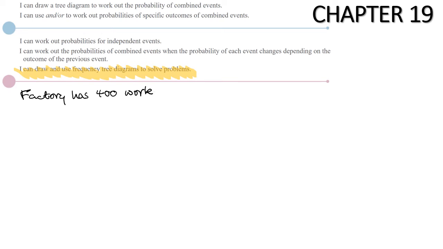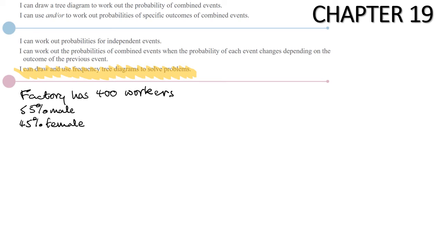And let's say out of those 400 workers, 55% are male, which means that 45% are going to be female. Okay, 45% female.